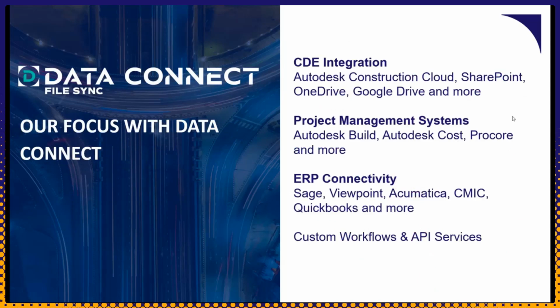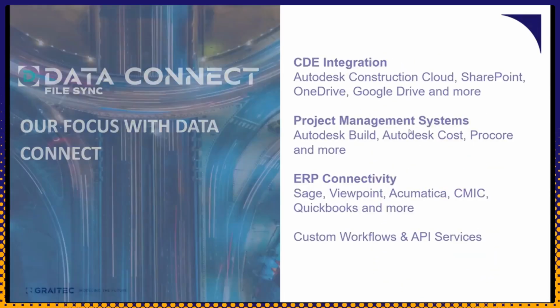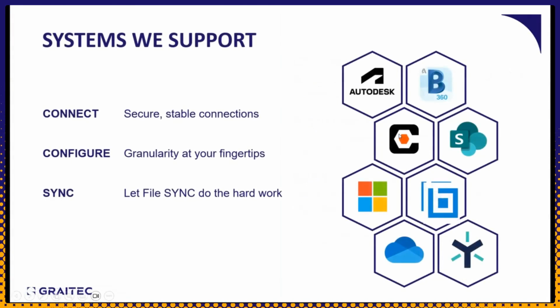Simply put, the focus of Data Connect is to connect the various solutions being used by industry professionals across disciplines and sectors. You can see here some of the solutions and platforms that can be used with FileSync. FileSync supports a broad range of systems.